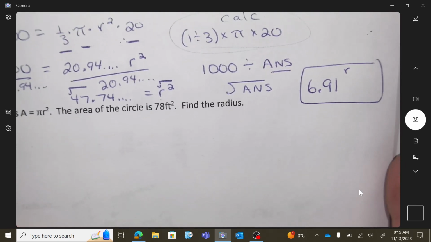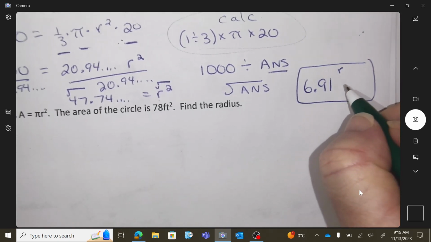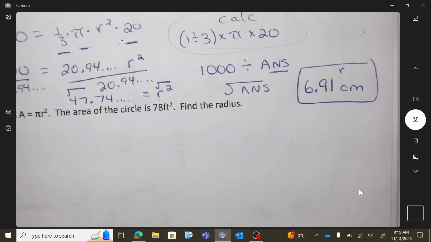And I was getting, and now I can round because this is the end. So 6.91 what? Because it's a radius. Just centimeters. Because the radius would be a centimeter.